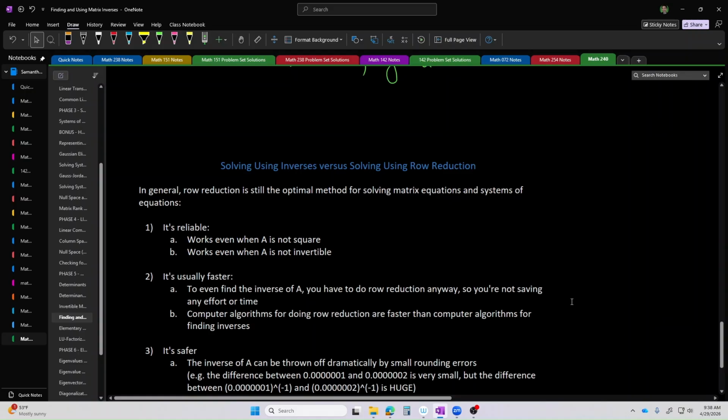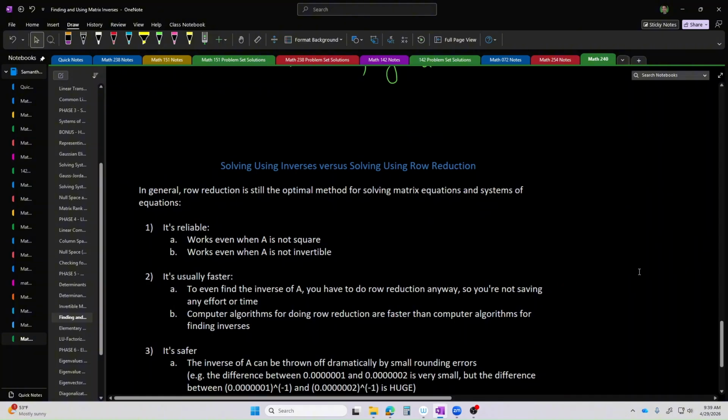But something that I want to draw your attention to is that solving equations using matrix inverses is not quite as useful as it might appear at first. In general, if you're trying to solve a single matrix equation, if you're trying to solve a single system of equations, solving using row reduction is usually the superior method.